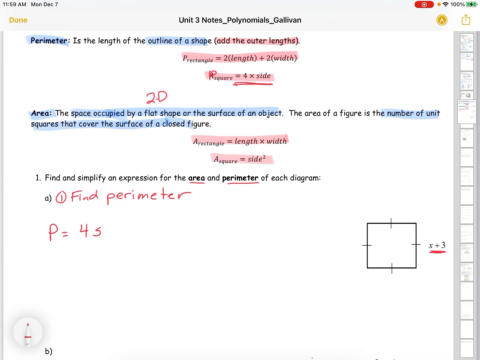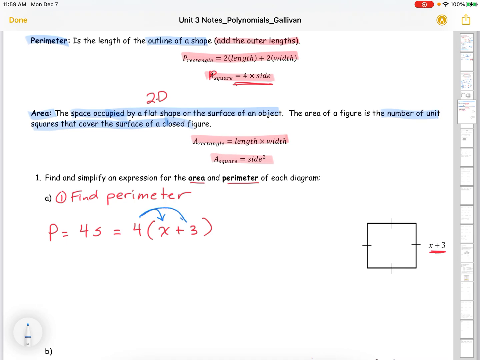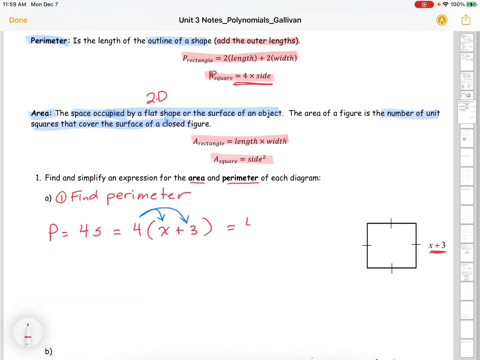So hopefully we've noted that. So if the perimeter is 4 times the side, we take 4 times x plus 3. Now, all we would have to do is use our rules for distribution to make sure that we multiply within that bracket. So that would be 4x plus 12. And that would be our answer for perimeter.